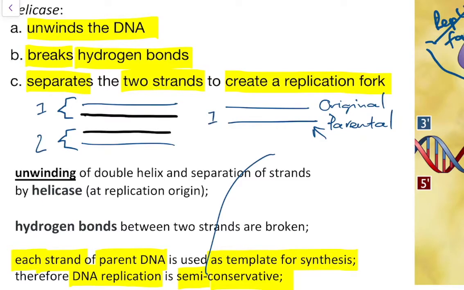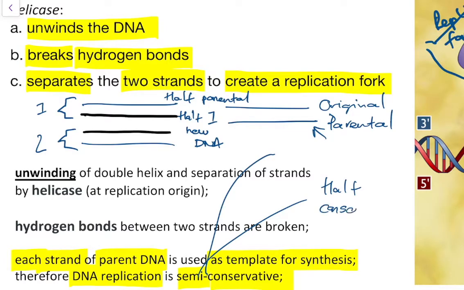In each of them, we have half parental DNA and half new DNA. And so we can think of semi meaning half, conservative. To conserve is to keep. So we've kept half the parental DNA in the new strand, and we have half newly made DNA.